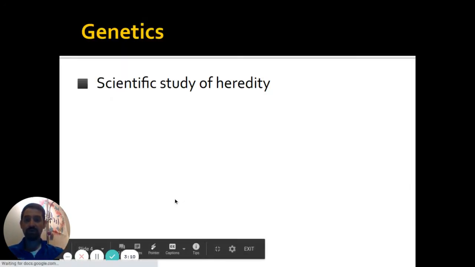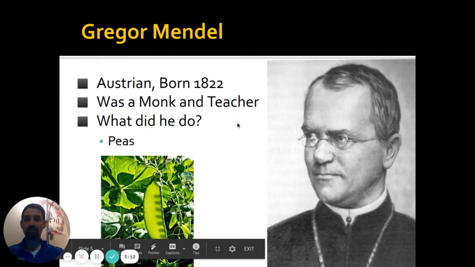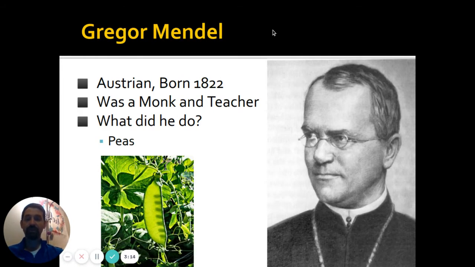We're going to get started here with some guy named Gregor Mendel, and you may have heard of him before. He's remembered as the father of modern genetics because he figured out some of the rules that guide the transmission of traits through multiple generations. Now, we know it happens.